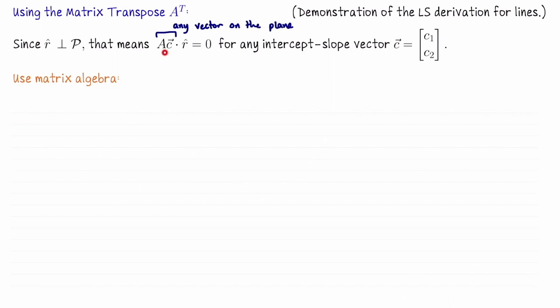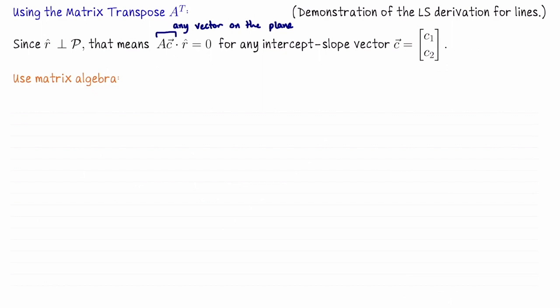Since r is perpendicular to the plane, any vector on the plane, written in the form Ac, dot r equals 0. On the left-hand side, we have our vector dot product. As we mentioned earlier, two vectors are perpendicular if and only if their dot product is 0. So since r is perpendicular to everything on the plane, this vector dot product must be 0 for any choice of coordinates c1 and c2.